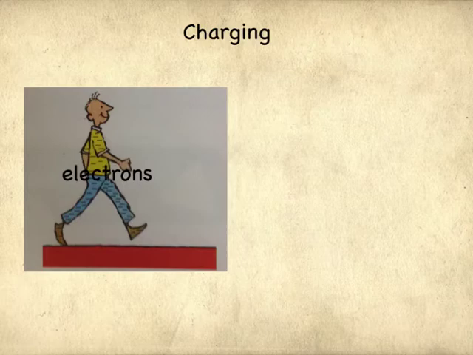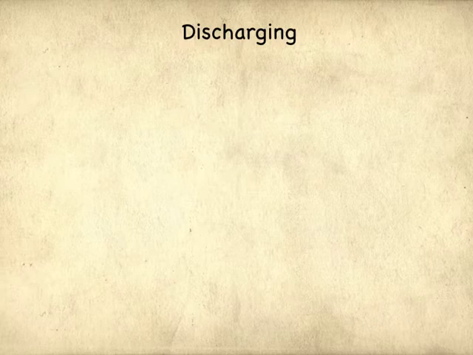Now that means that there are more electrons than protons on the man. Now it also means that the carpet has become positively charged, meaning that there are more protons than electrons on the carpet. We're now going to look at how we can remove that charge from the person.